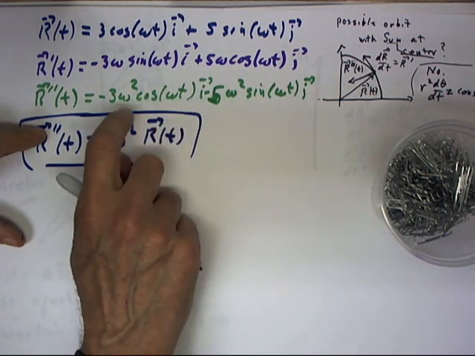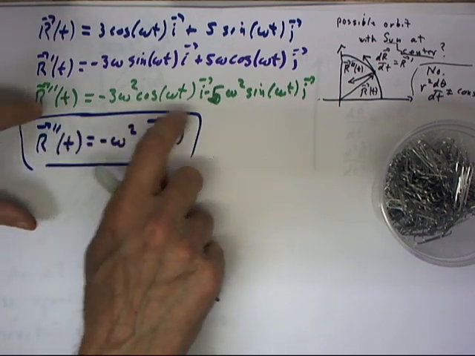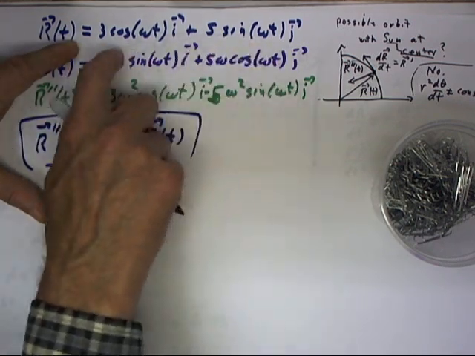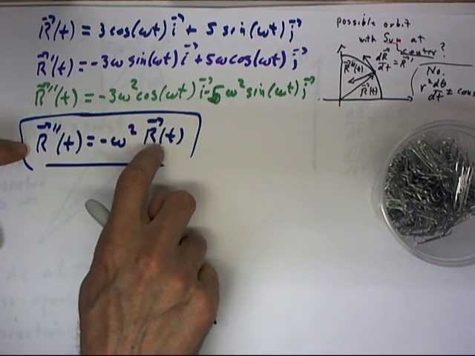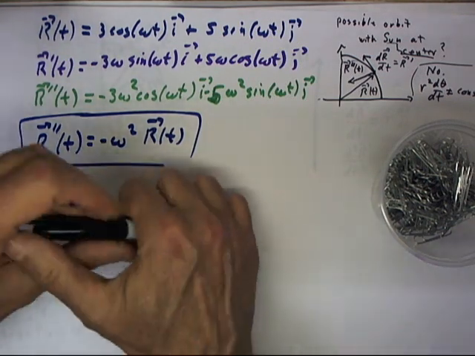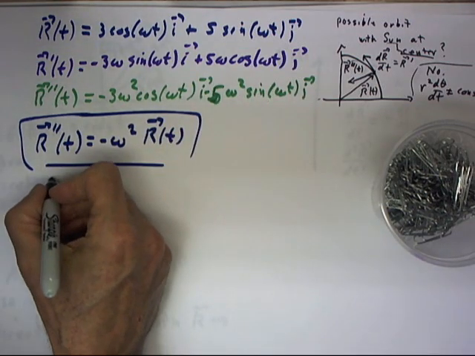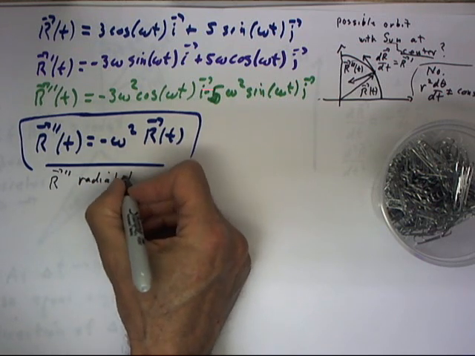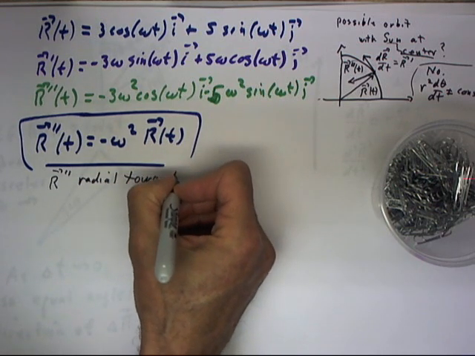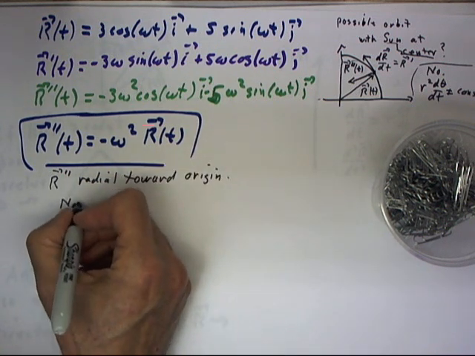And it's fairly easy to note that if we factor the omega squared out here, what we're left with is just our r vector, so that r double prime equals negative omega squared r of t. And this is radial, back toward the origin. And this is no contradiction.